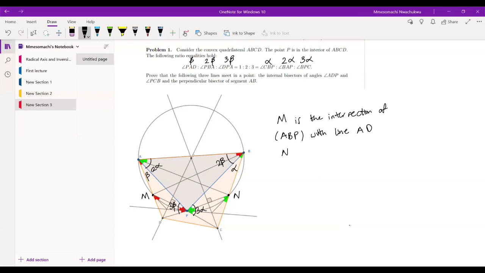And point N is also the intersection of the circle ABP and the line BC. Okay.